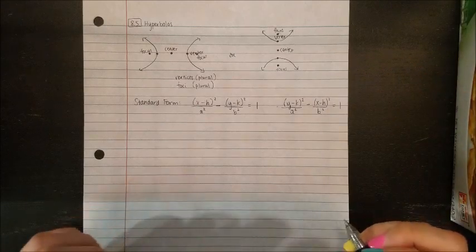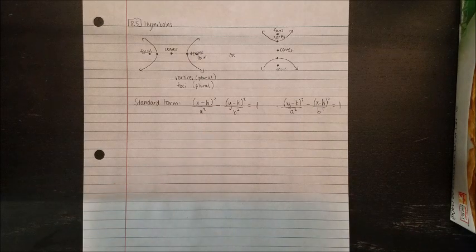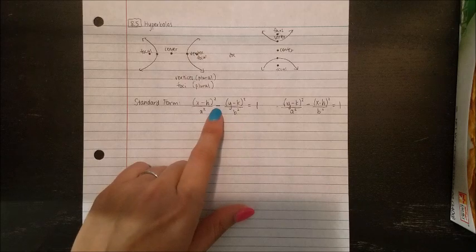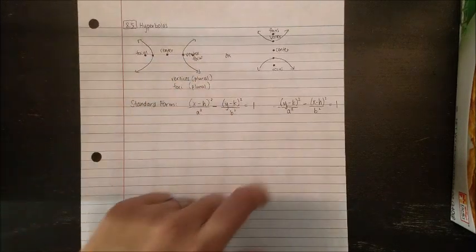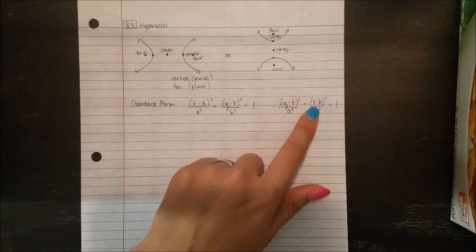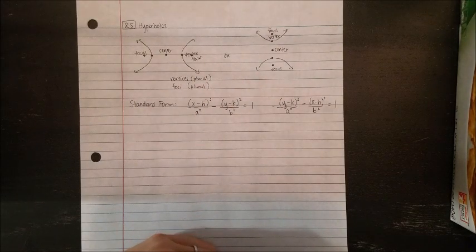In either form, one of the fractions is going to be negative. When the y's are negative, because the negative sign is in front of the y's, it'll be sideways like this. In this form, if the x's are negative, because the negative sign is in front of the x's, it'll be up and down like this. That's how you'll be able to tell.